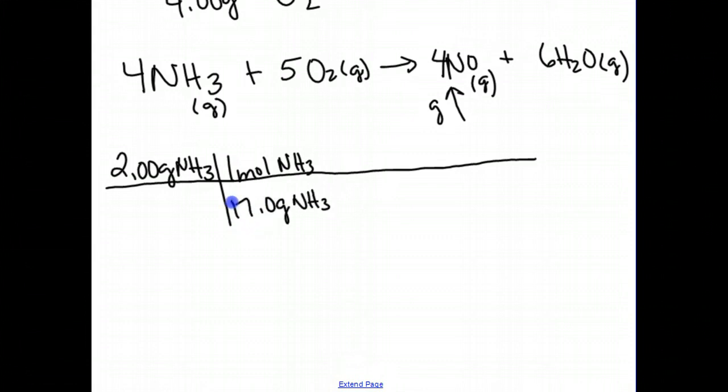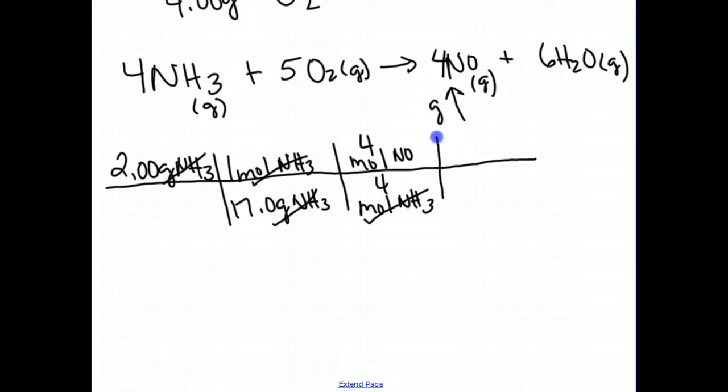That's straight from the periodic table. Our grams NH3 is going to cancel with our grams NH3, and that leaves us moles NH3. Still not what we're looking for. So we need to have moles NH3 down here. From stoichiometry, this is where your mole to mole ratio goes, so we need moles NO right here. And we actually have 4 moles of both of those. That comes from our balanced equation. So moles NH3 is going to cancel with moles NH3.